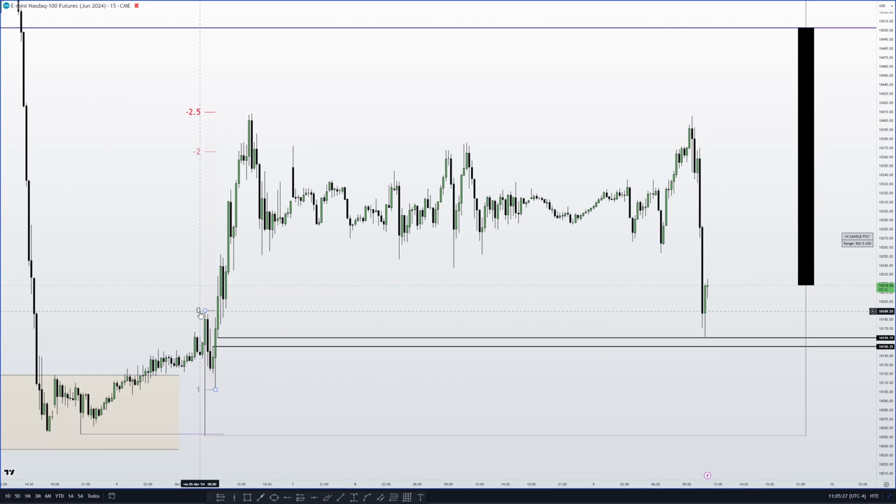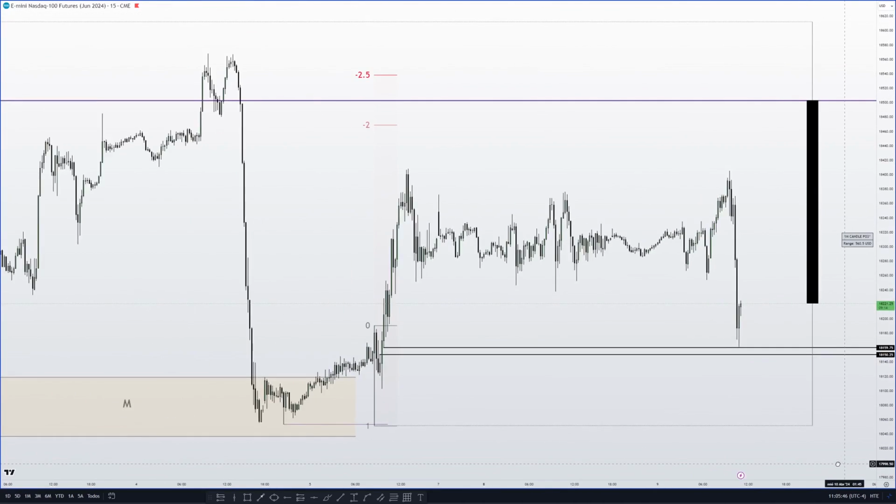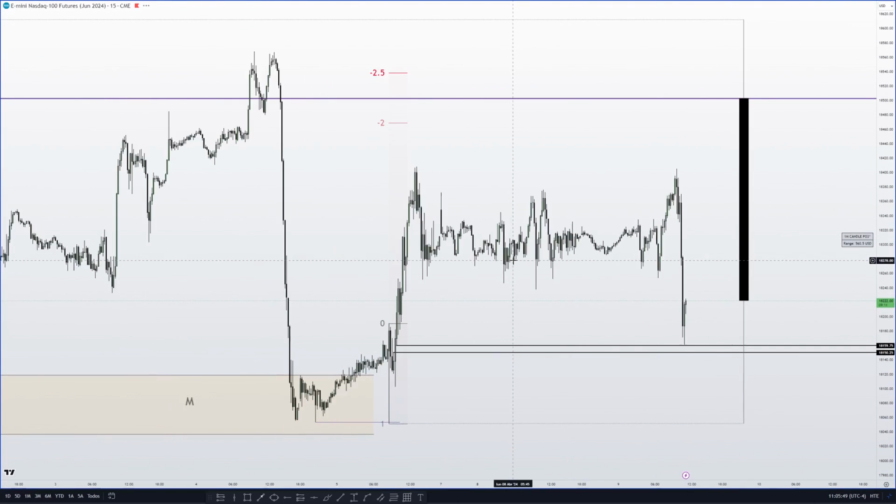This is one overlapping range inside this NFP low. In the overlapping range, you take this. Main range, you take this. But look, the two deviations are at the monthly open.